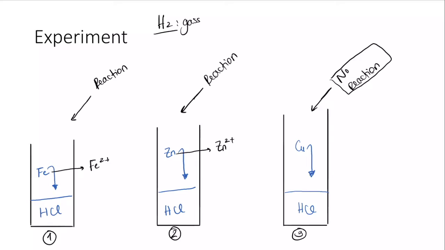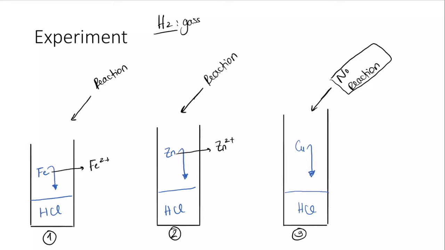So a gas formed, a slight detonation is produced when a flame is brought near to the tip of each beaker. This means that we have hydrogen gas.